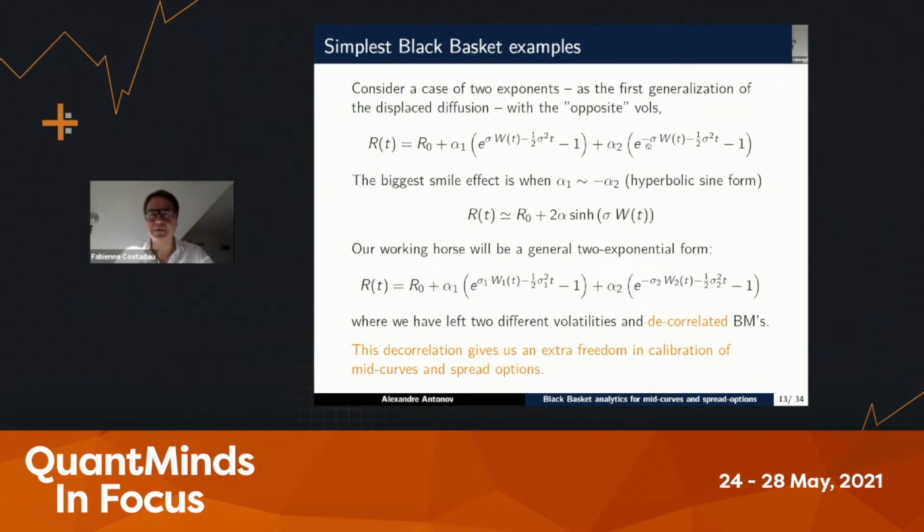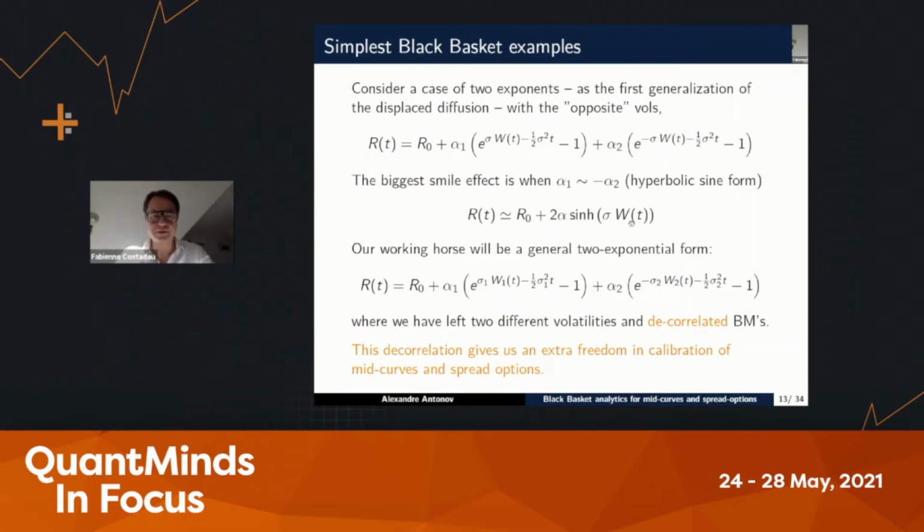This is the case where we have the most flexible skews and smiles. As I said, the biggest smile effect is when alpha 1 is equal to minus alpha 2. And we have a sort of hyperbolic sine form. So this is quite a cute guy, and you can calculate different characteristics of this distribution.